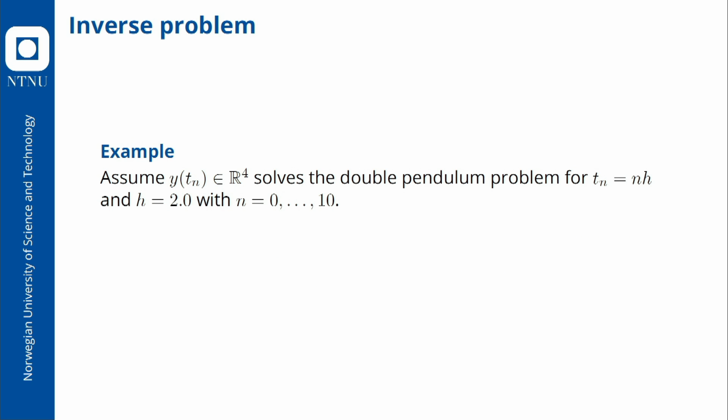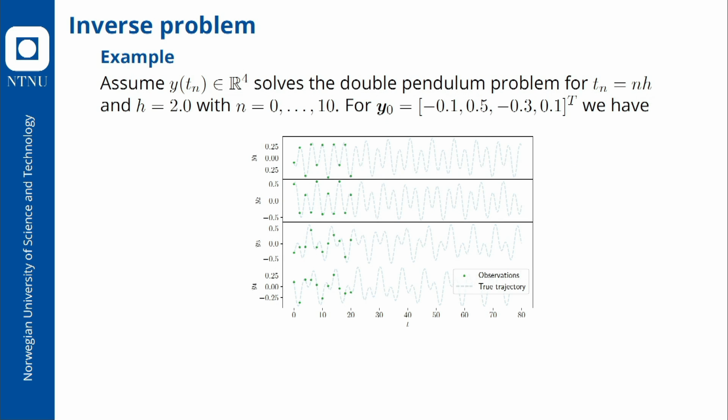An example could be the four-dimensional double pendulum problem formulated as a canonical Hamiltonian system, where we assume that we have 10 samples, and we want to find the vector field that gives rise to these points in the flow.